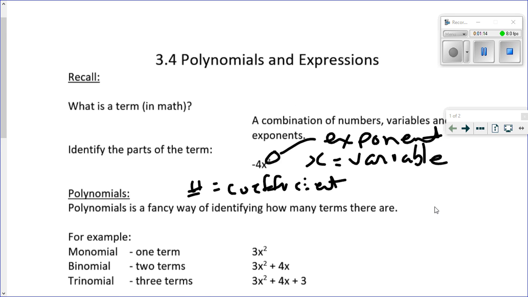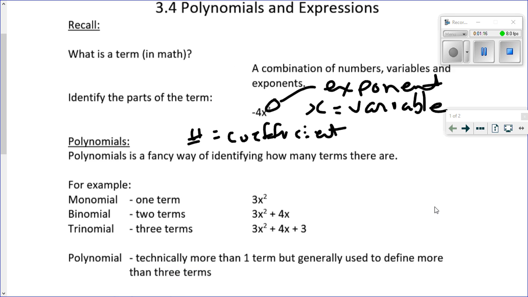Now, for a good chunk of high school, you're going to be looking at polynomials. Think like polygons, when we were talking about shapes, triangles, squares, circles, we're looking at how many sides something had with a polygon. Polynomial is telling us how many terms there are.